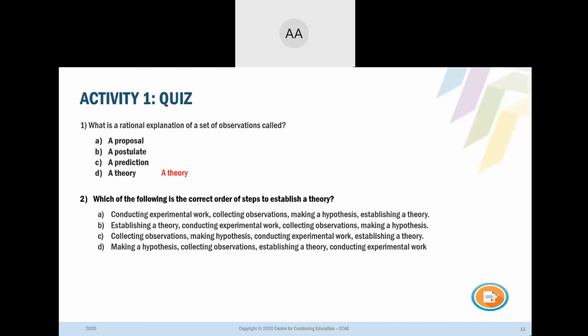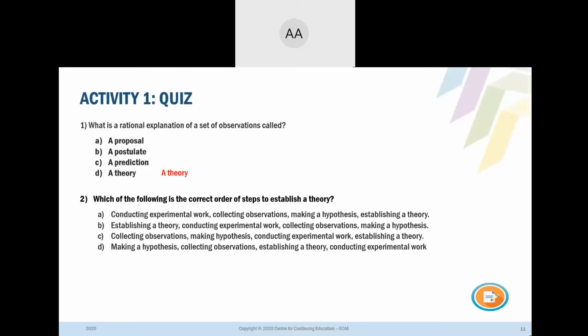B, establishing a theory, conducting experimental work, collecting observations, making a hypothesis. C, collecting observations, making hypotheses, conducting experimental work, establishing a theory. D, making a hypothesis, collecting observations, establishing a theory, conducting experimental work.